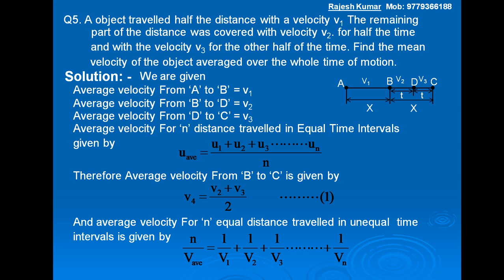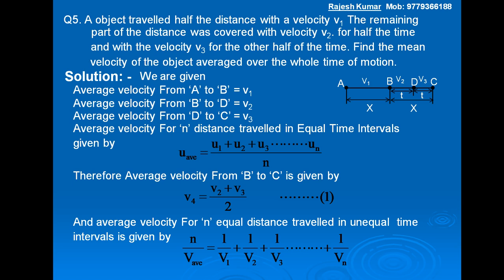In our case, again n is equal to 2, that is, from A to B distance traveled x, and from B to C distance traveled x. From B to C we have found the average velocity, which is equal to v4.